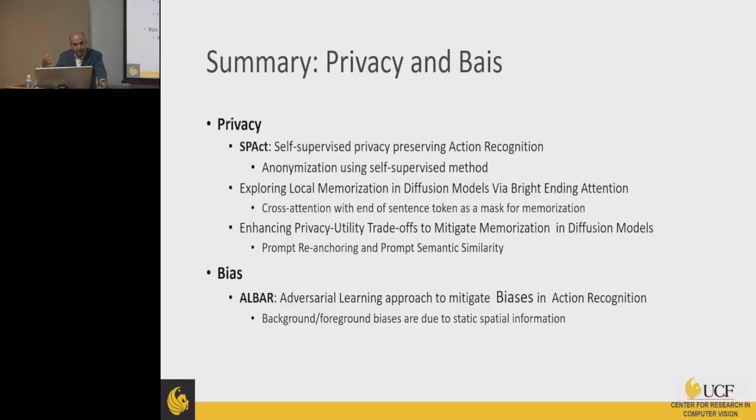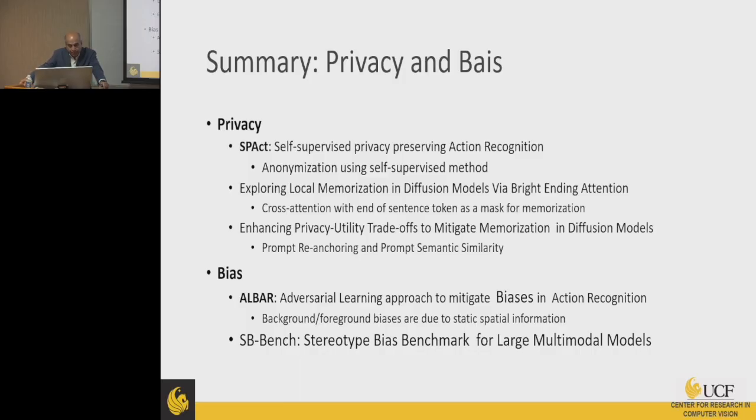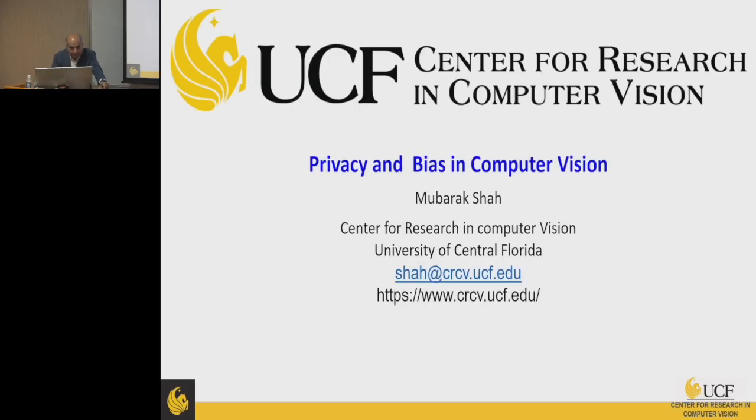We took the static clip, just one random frame, repeated it, and used an adversarial approach to fix the problem. And then we talked about the stereotype bias in large multimodal models, and we have a benchmark. We can test different large multimodal models and give a score for how well they are doing. So that's it. Thank you.